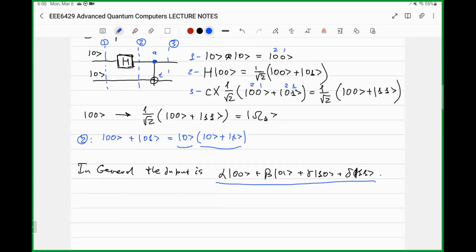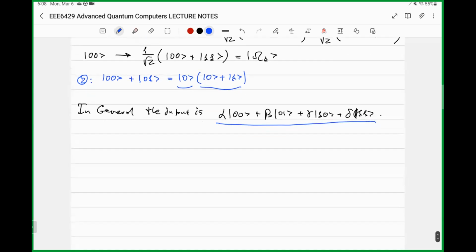And this circuit does this computation. I mean, this is already some sort of the easiest quantum operation. So this circuit performs this quantum operation on all the states simultaneously, like in parallel. This is quantum parallelism.